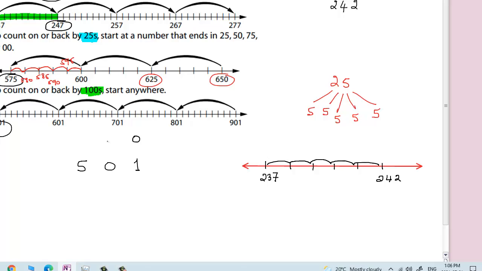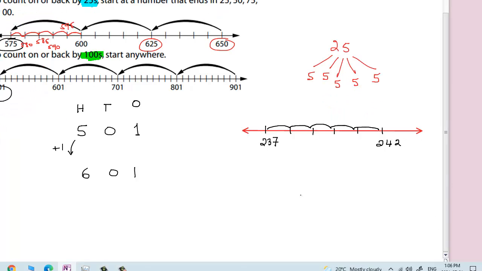The 1 is ones, the 0 is for the 10s, and the 5 is for the 100s. Since I'm adding 100, that means I add only 1 to the 5, so it's going to be 601. And if I want to add another 100, I add only 1 to the 6, so it's going to be 701.